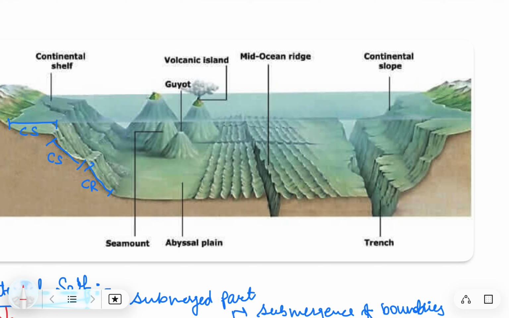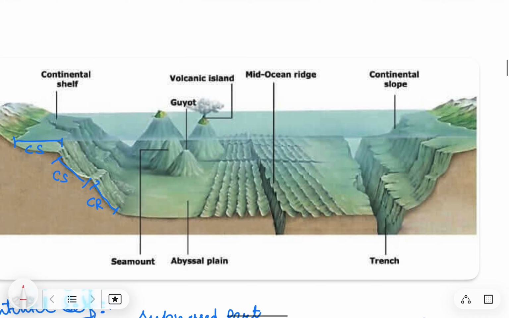These planktons are the food for the fish in case of the continental shelf. So it will encourage the growth of the planktons.